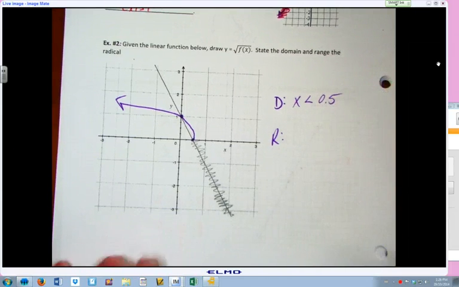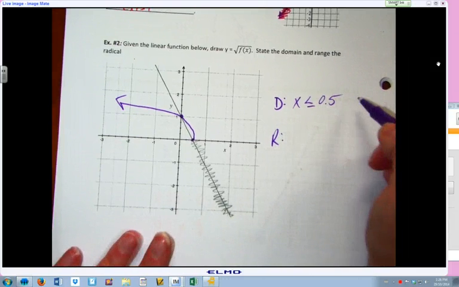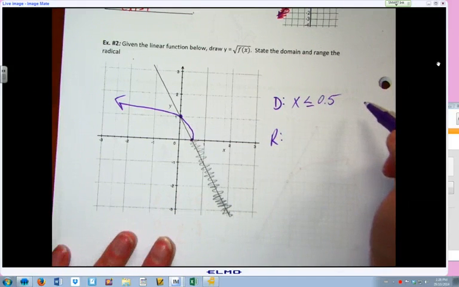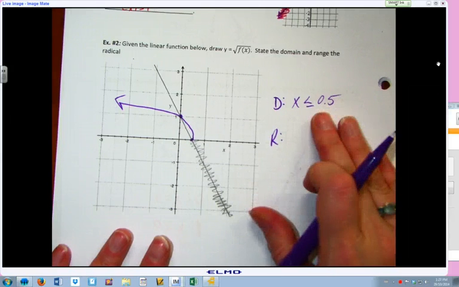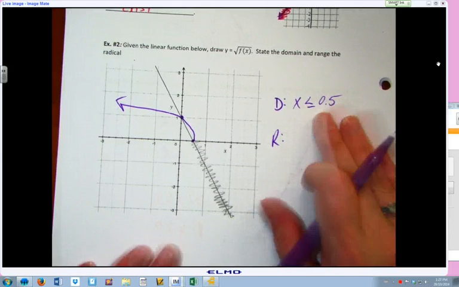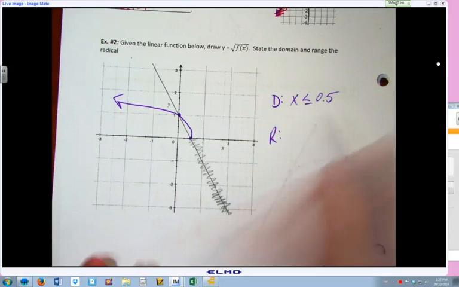This is what I kind of heard mumbled: just not or equal to. We like that better. What's the other notation? Negative infinity to. Are we happy with 0.5? Okay. Range?